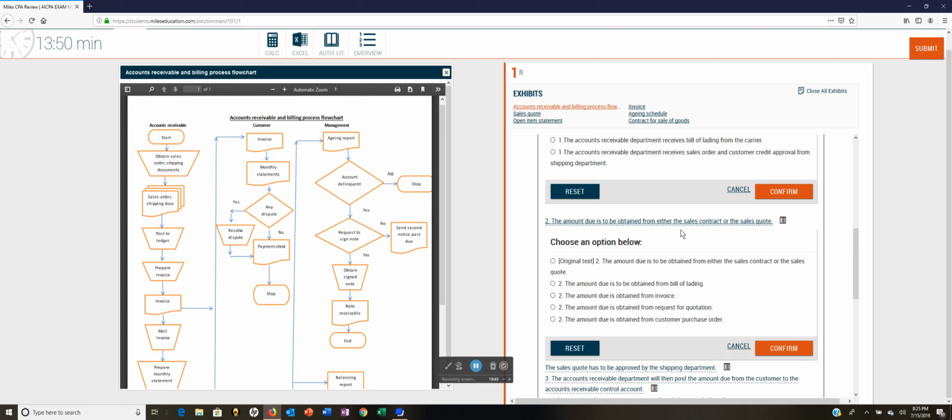We can either agree with that, or we can select something else here. Now, let's look at the answers and see if we can rule them out. The amount due is to be obtained from the bill of lading. That would never be the case. The price of the goods is not on the bill of lading. The bill of lading only indicates what is shipped. The amount due is obtained from the invoice.